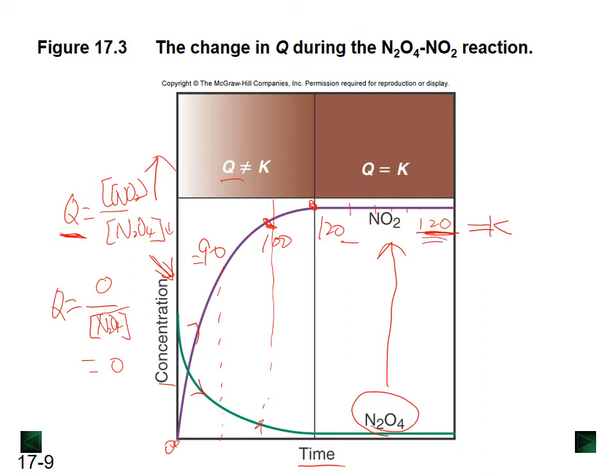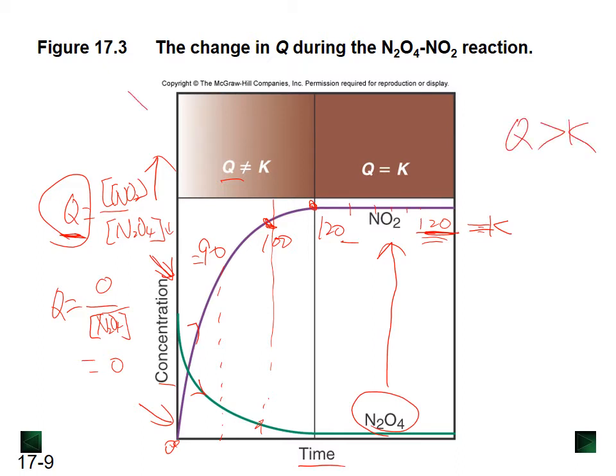A small Q means you have lots of reactants and no product. An increasing Q means the reaction goes forward, approaching the equilibrium constant, and eventually Q becomes K. Now, is it possible for Q to be greater than K?